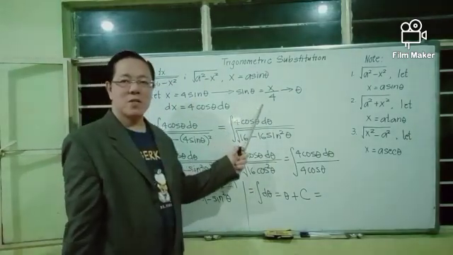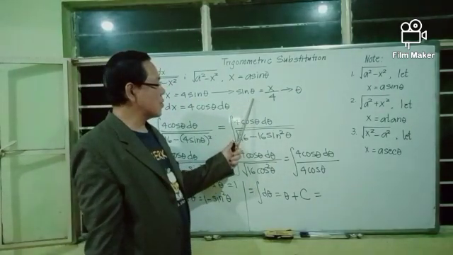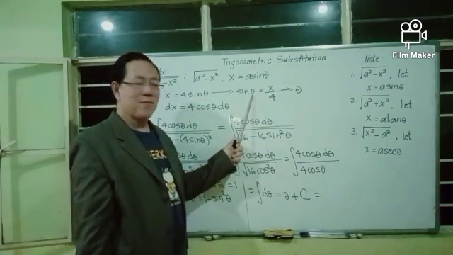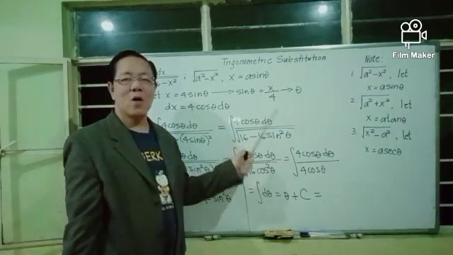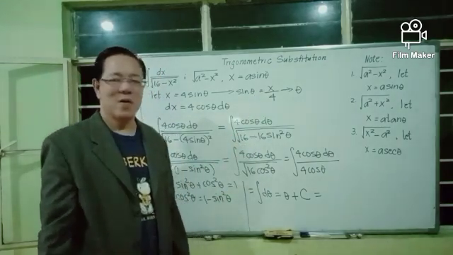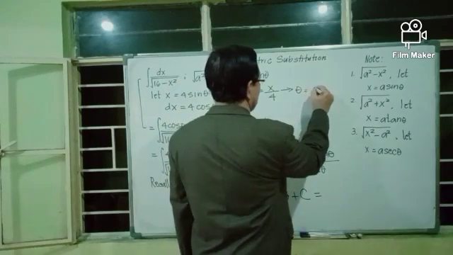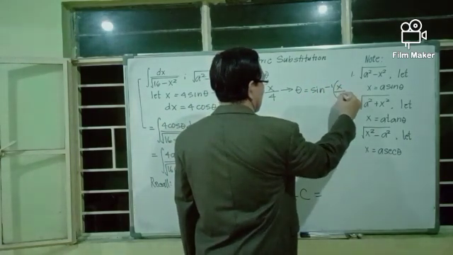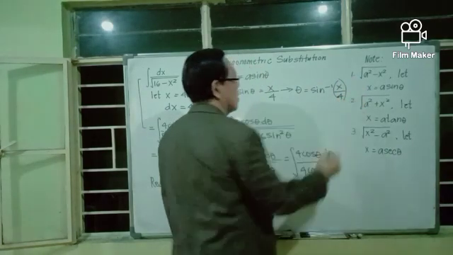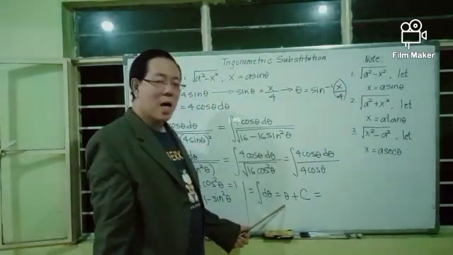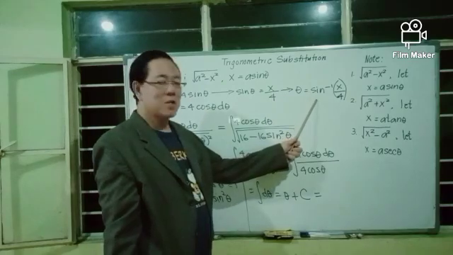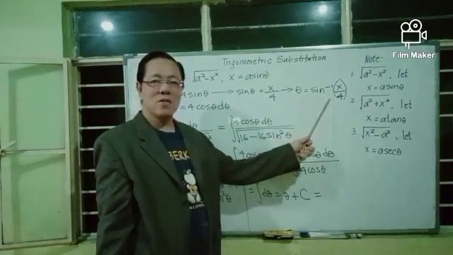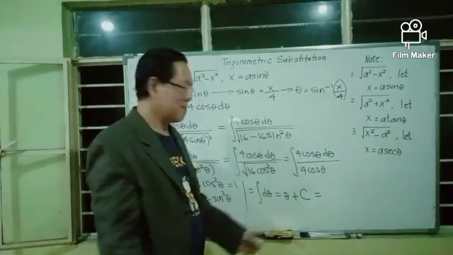And from this equation, you can see that theta is equal to sine inverse of x over 4, or arcsine of x over 4. Therefore, our answer theta is equal to arcsine, or inverse sine, of x over 4 plus c.